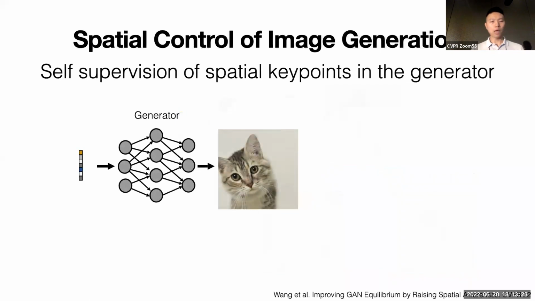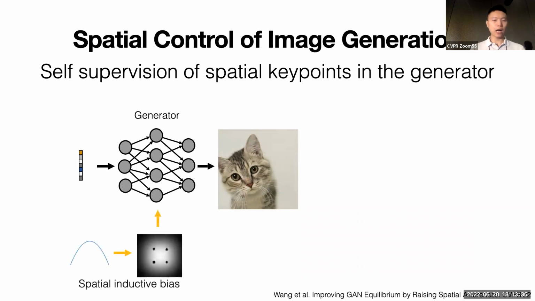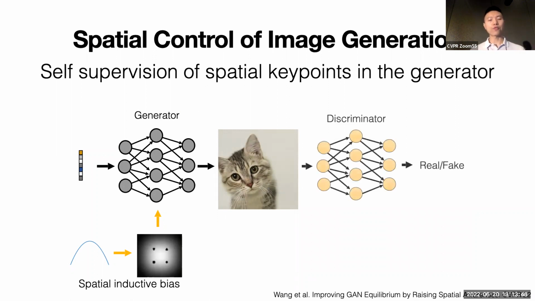So we developed some work to introduce spatial control into the generator. We follow some self-supervision of spatial keypoints in the generator. Basically, we design some spatial inductive biases in the generator that can learn to associate with certain activations in the generator. The issue is how we can create the supervision.